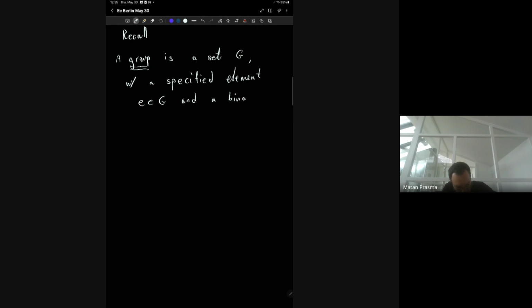So recall that a group is a set G with a specified element e in G, and a binary operation, let me write it as star for now.